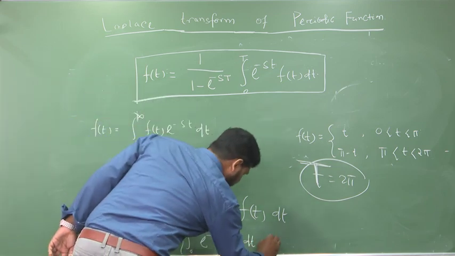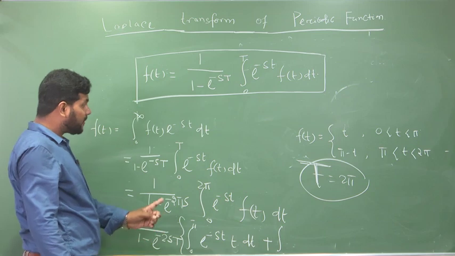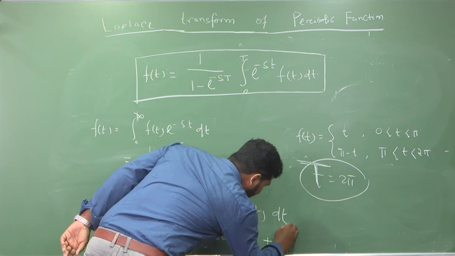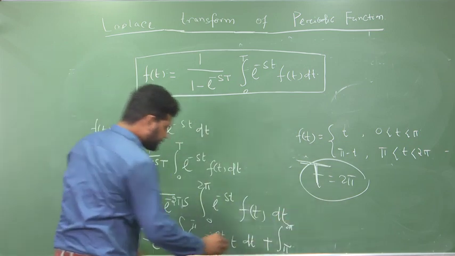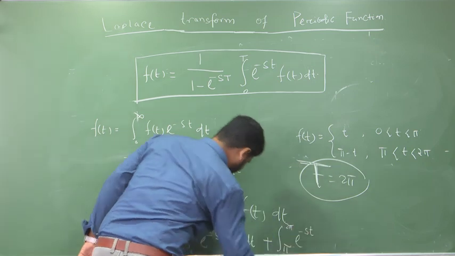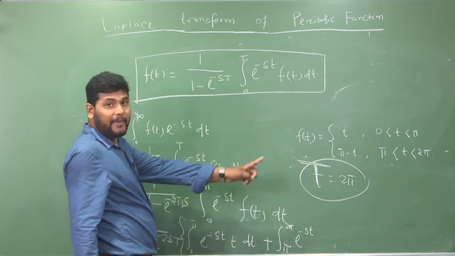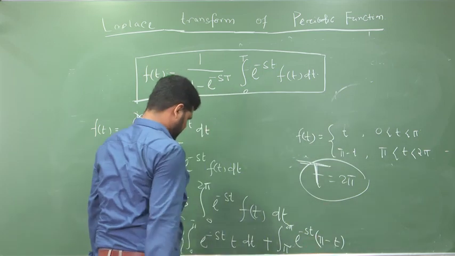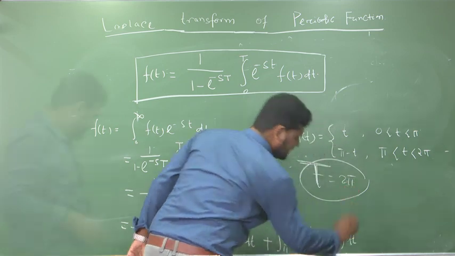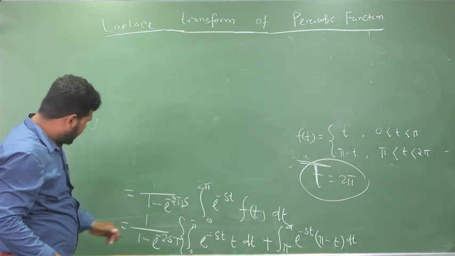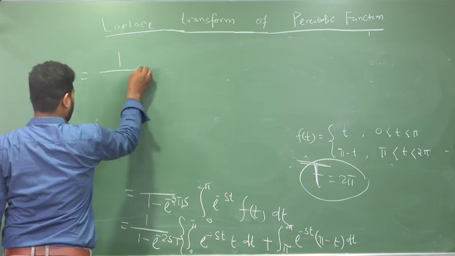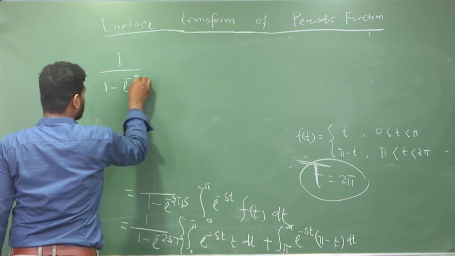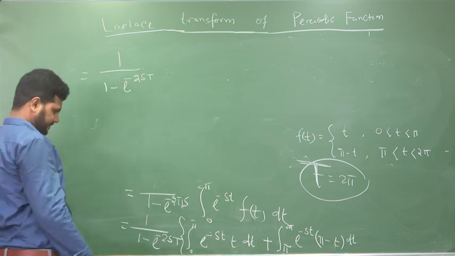Plus another interval, pi to 2 pi, where e power minus st multiplies the functional value pi minus t.